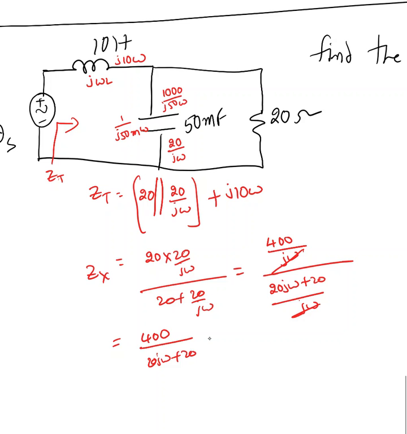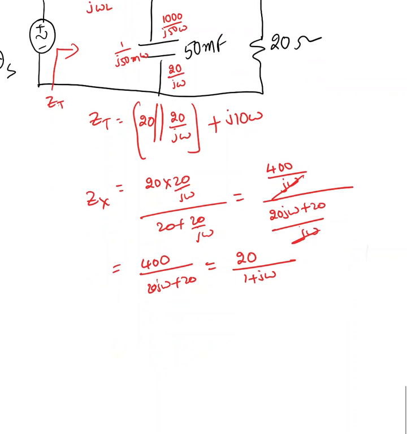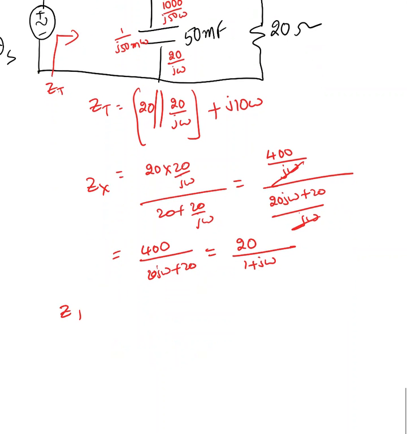So if I rewrite it, if I take out the 20 in the numerator, 20 over 1 plus J omega. Now my Z total equal to 20 over 1 plus J omega plus J10 omega. Okay, so I have 1 plus J omega in the denominator.